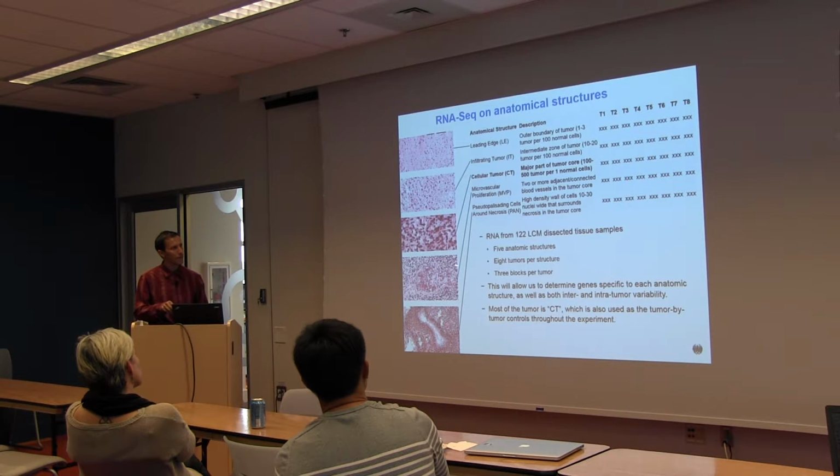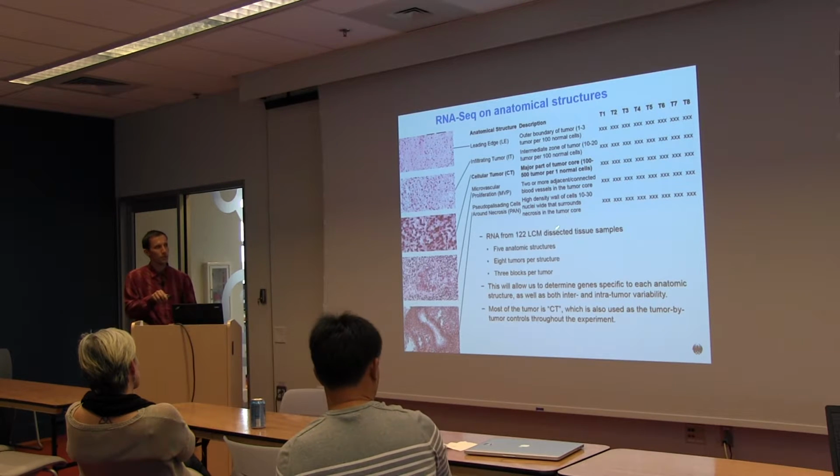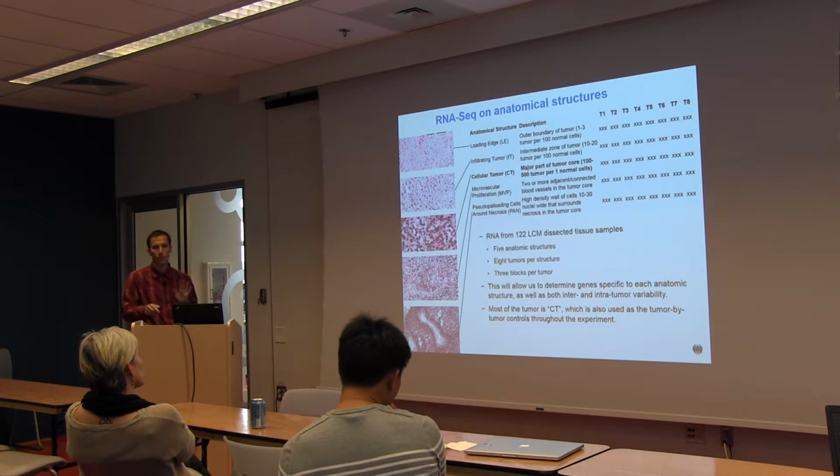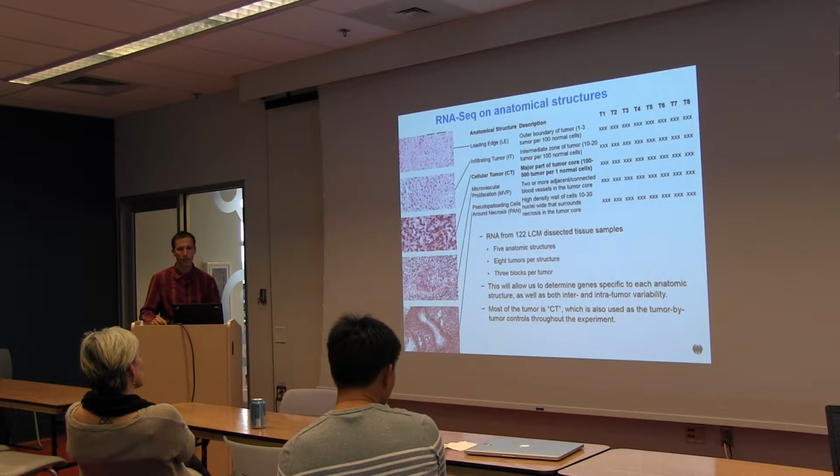There's also MVP, which are blood vessels in the tumor core, and then there's this one I'm not even going to try and pronounce even after working with this data set. PAN, which is basically this wall of cells that surround necrosis at the core of the tumor. These were all collected separately in 3 different blocks across 8 different tumors, with the goal of looking at differences between these regions as well as differences within tumor versus differences between tumors, to get an idea of inter- versus intra-tumor heterogeneity.